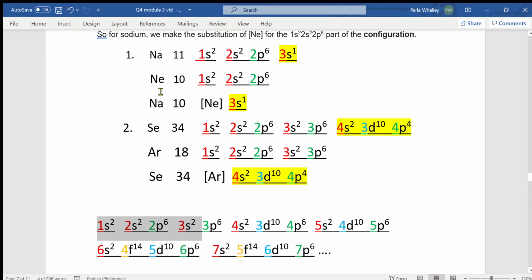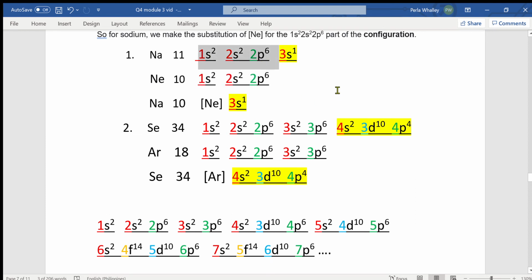Now, neon has an atomic number of 10, so the electron configuration would be 1s2, 2s2, 2p6, which is equal to this one.